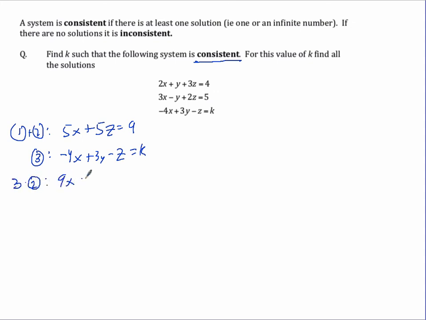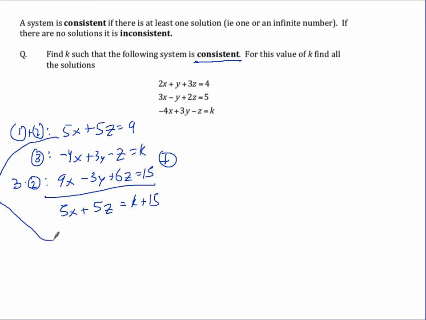Gives you 9x minus 3y plus 6z equals 15. Then I add these together. I get 5x plus 5z equals k plus 15. Okay, so now I got these two equations with x and z. I'm going to bring that down here. 5x plus 5z equals 9. So if I subtract, I get 0 on the left-hand side, and I get k plus 6 over here.